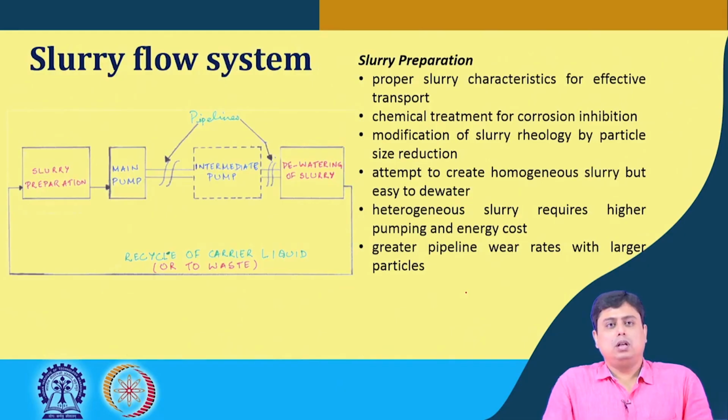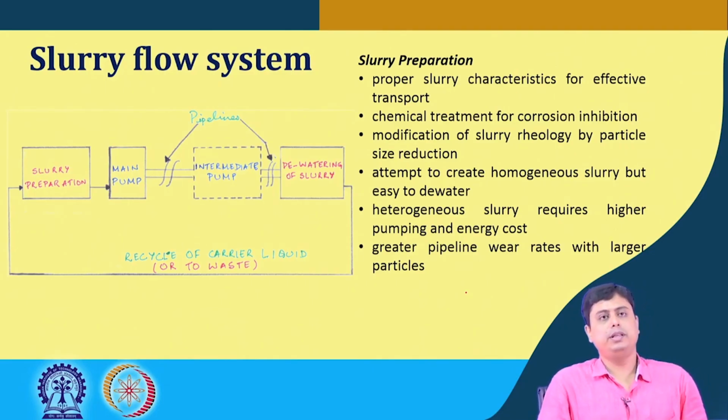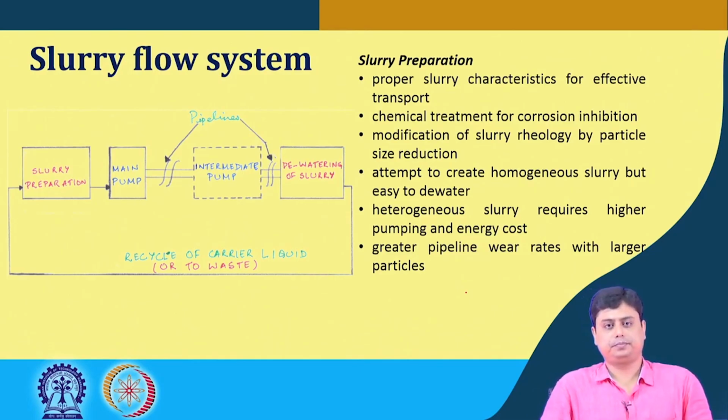So, if we now briefly look into the other components in the slurry transport, that is what would be there in a slurry flow system. So, basically we started with the concept of slurry, its different types of slurries, that is homogeneous, heterogeneous, and in case of saltation regime which is not desirable, we have not looked into that because that is not a desirable flow regime in a slurry transport.